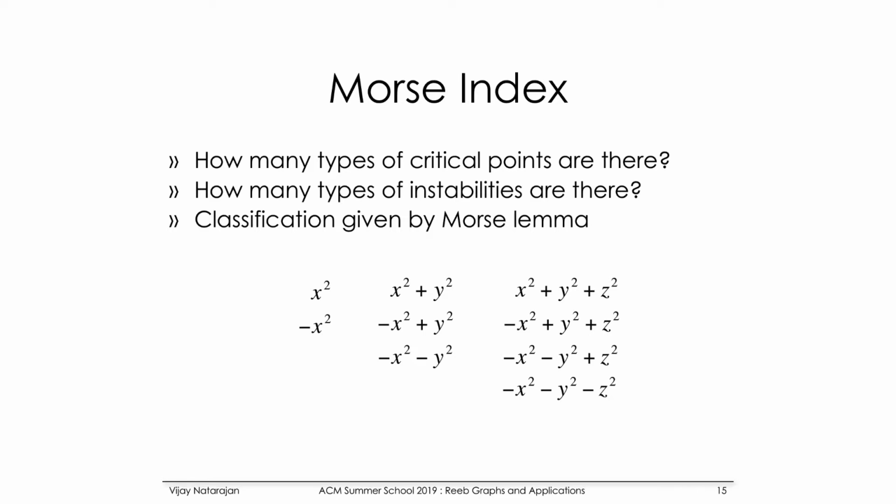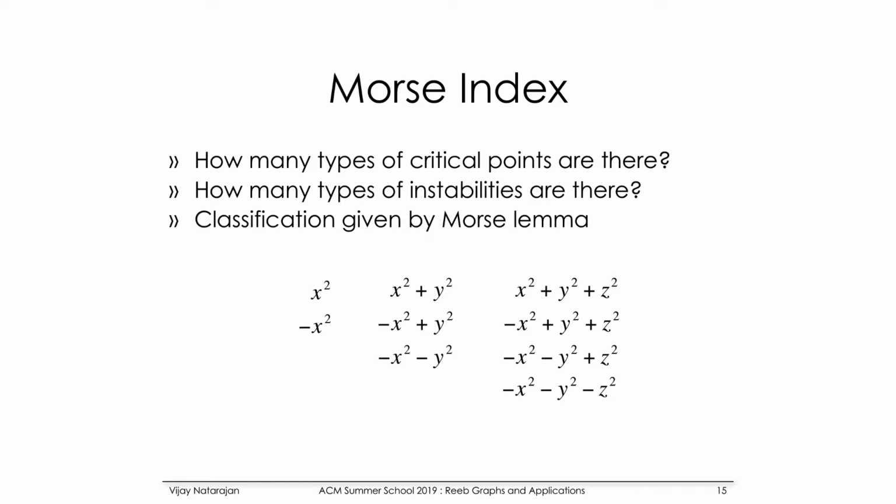This number is just counting the number of negative eigenvalues, the number of instabilities. So minimum is always 0. Maximum is always equal to the dimension of the space. So it's 1, 2, or 3 depending on the number of variables you have.